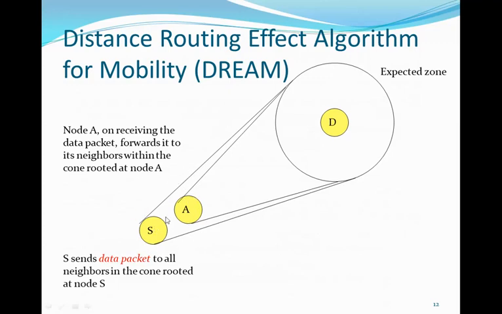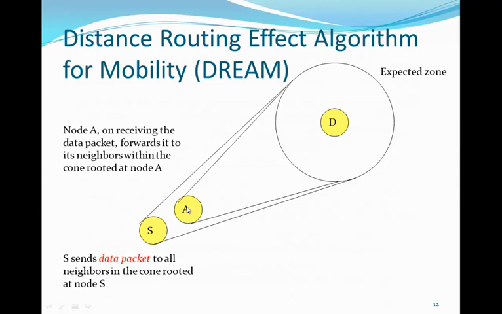So he narrows down this search close to his neighborhood, and it gets wider as the route request moves away from the source node.